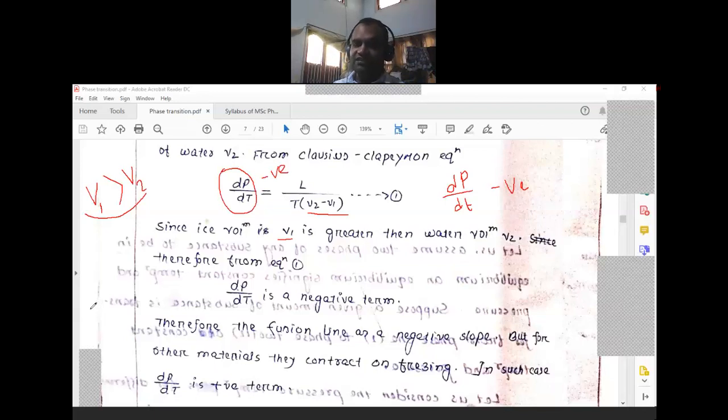Now if you read in your earlier classes about the anomalous volume of water concept, what did you learn? We learned that water density is greater than the density of ice. This is due to some chemical bonding related things.